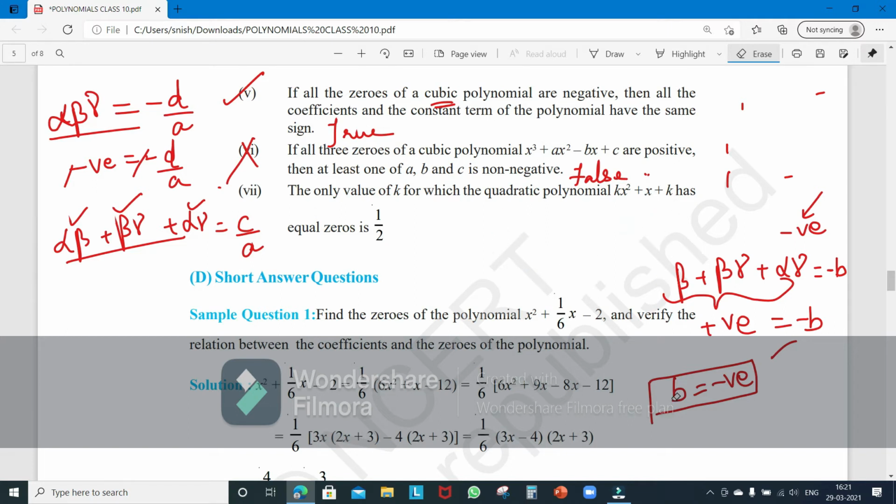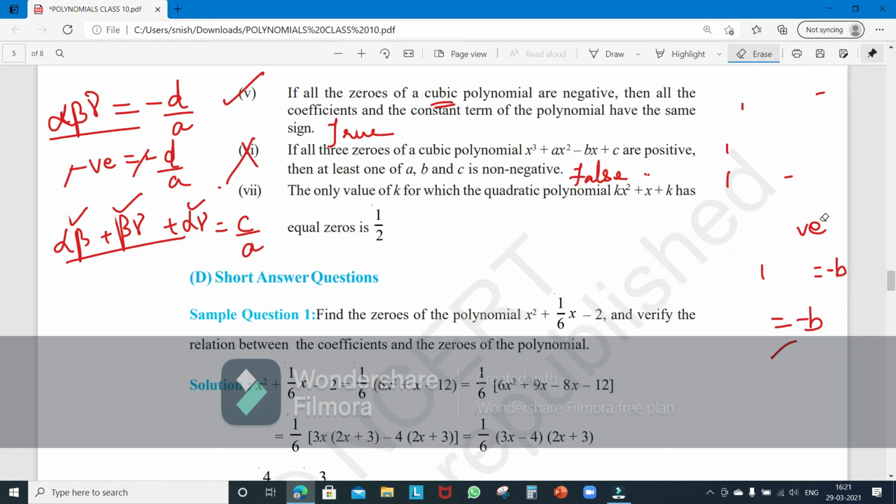The only value of k for which the quadratic polynomial has equal zeros is positive 1 by 2. How do we get to this conclusion? The only value of k for which this quadratic polynomial has equal roots.